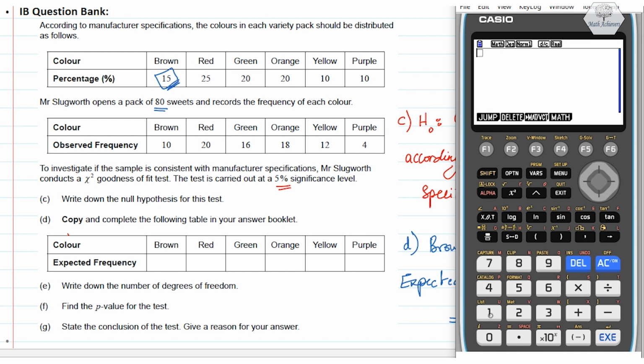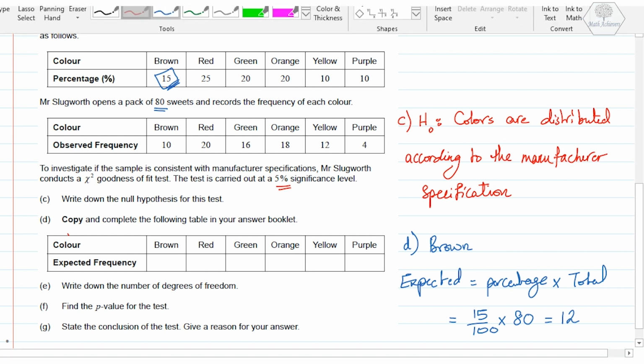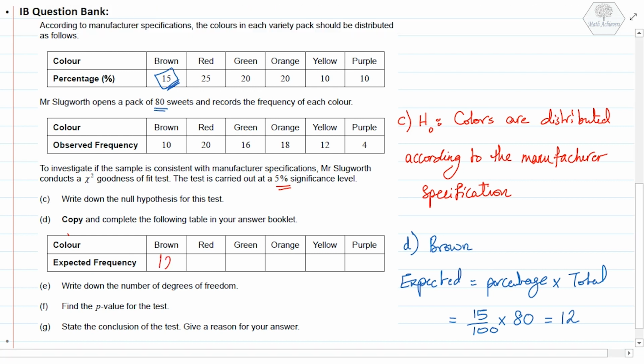I use my graphical display calculator: 15 over 100 times 80 gives me 12. So the expected value for brown is 12. I repeat the same process for red, green, orange, yellow, and purple.